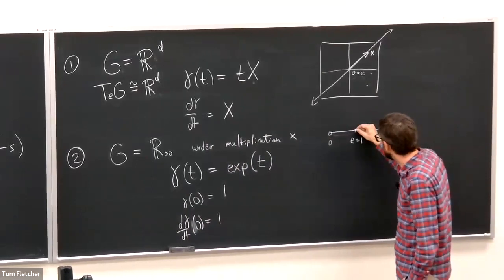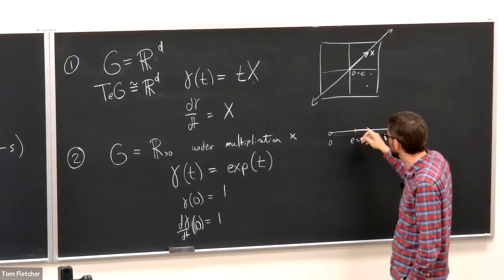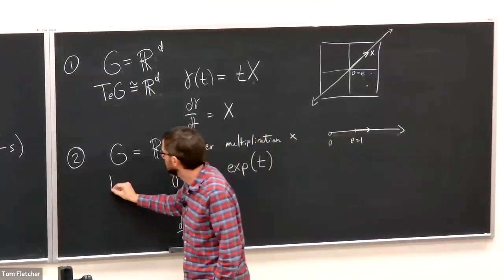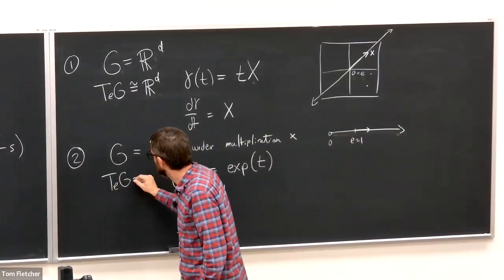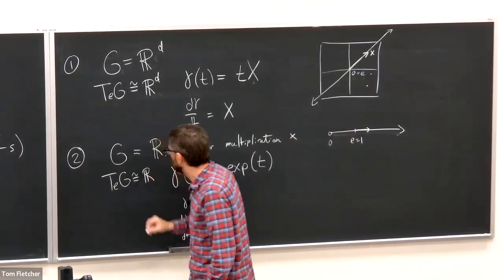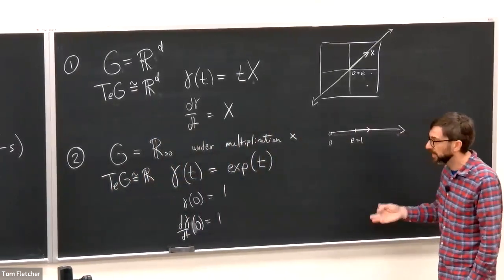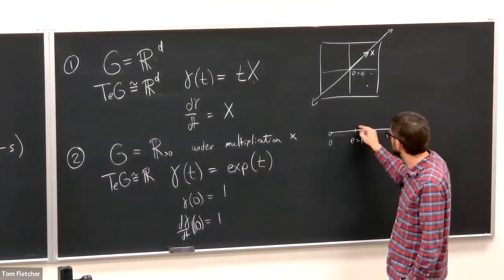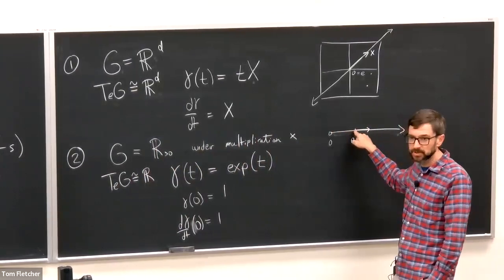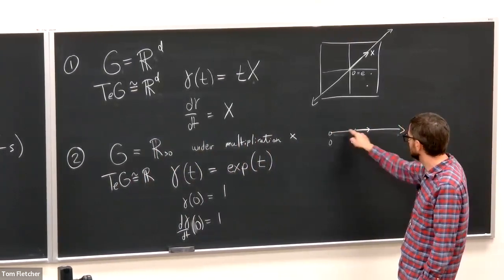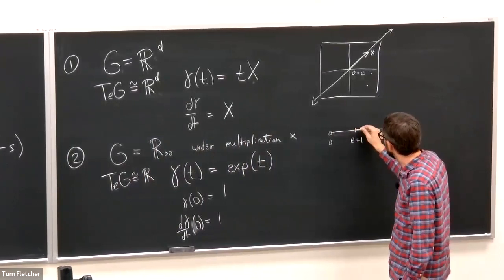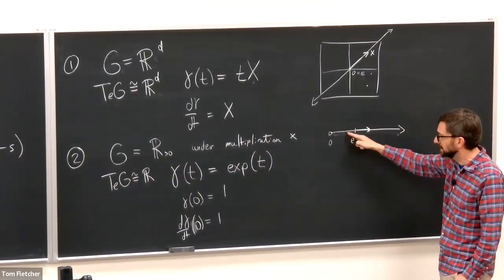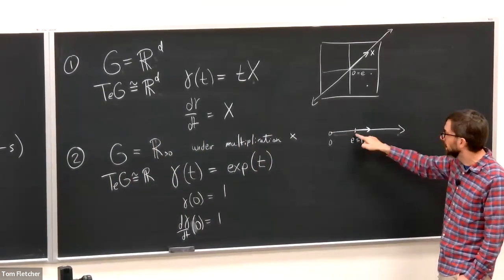And now I can put a tangent vector here. The tangent space here is anchored at 1. The tangent space is, for all intents and purposes, as a vector space, just the real line under addition, right? So it's just the real line attached here at 1. And I can talk about tangent vectors. So I have this velocity equal to 1, and that gives me the exponential function as a one parameter subgroup.